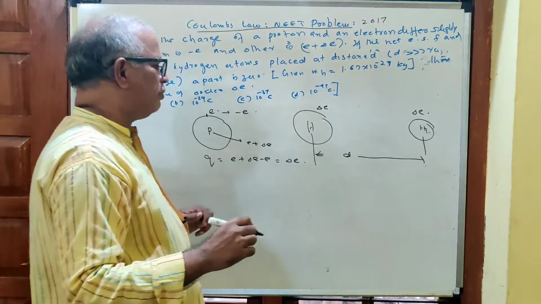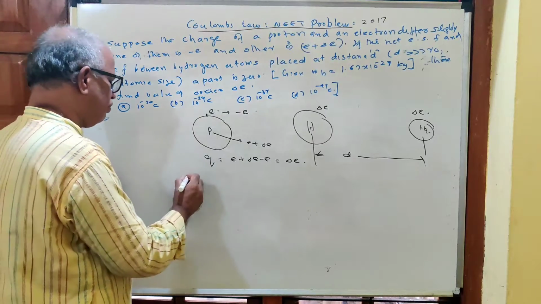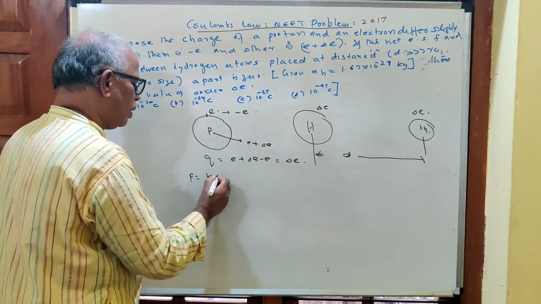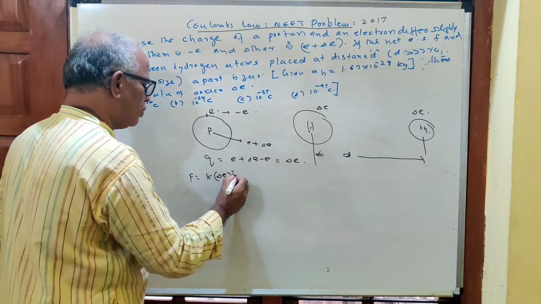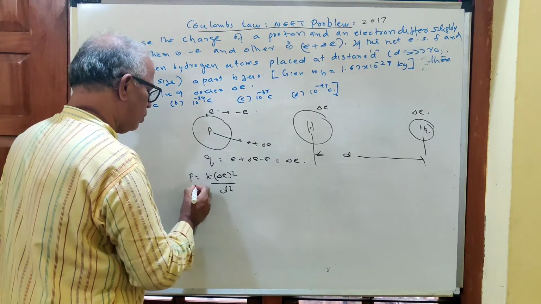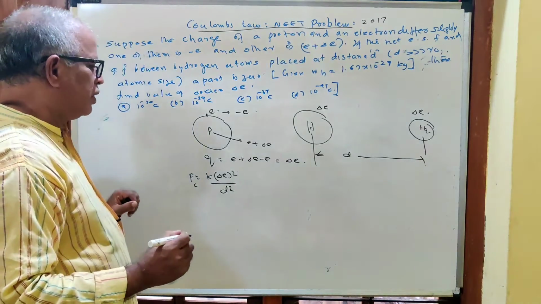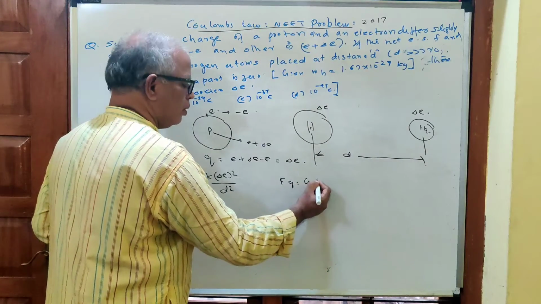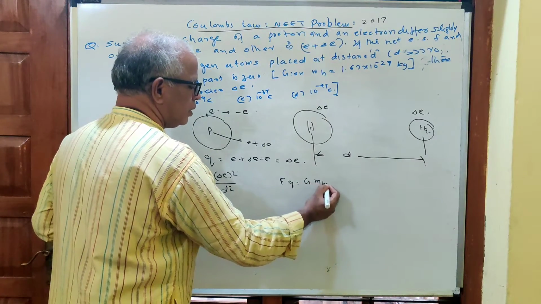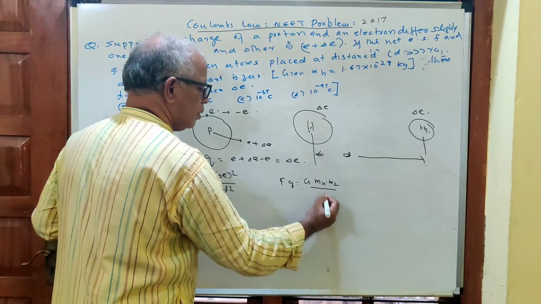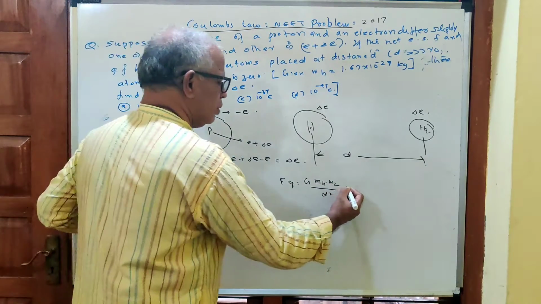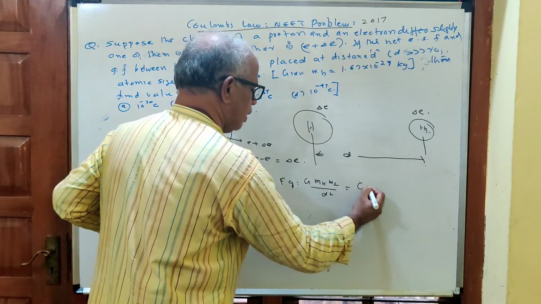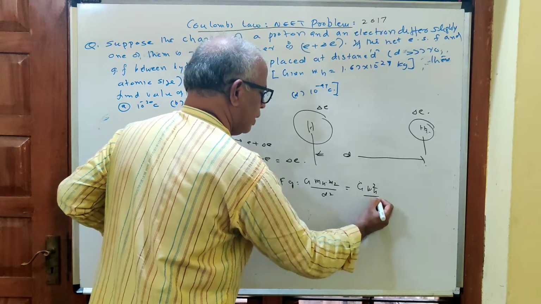Now the Coulombic force is F equal to K delta e square by d square. Gravitational force is equal to G mh into mh by d square, that is G mh square by d square.